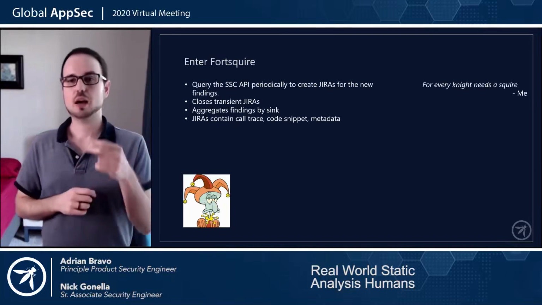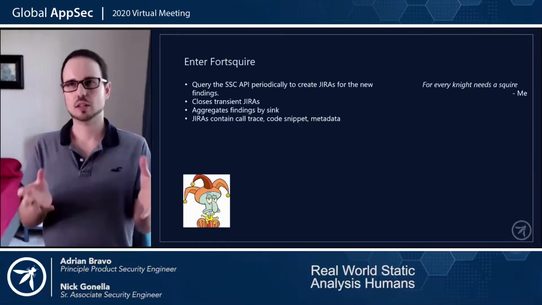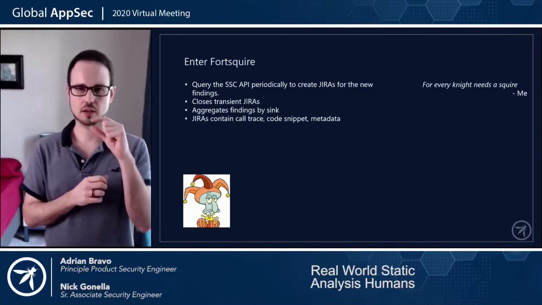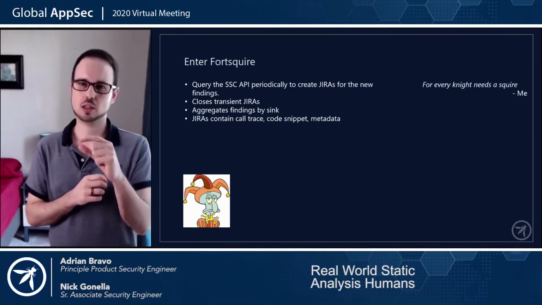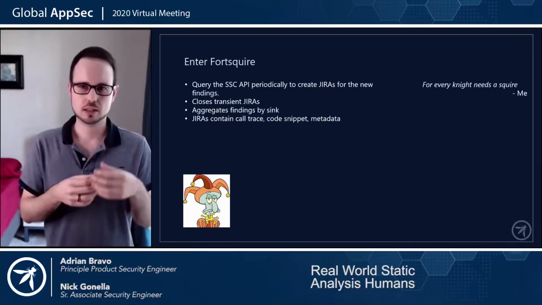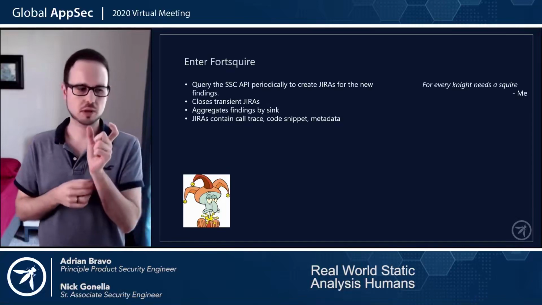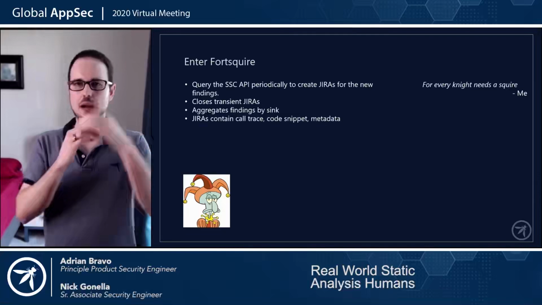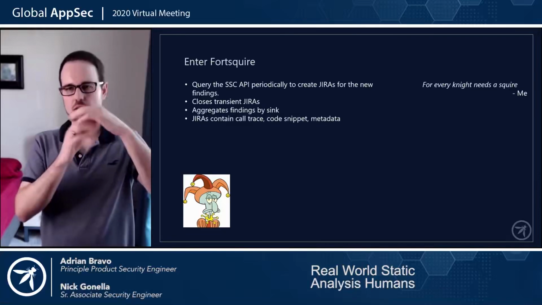And the Jiras that it creates are grouped by sink, which is the vulnerable location in the code. So when two vulnerabilities are reported that happen on the same line and function, then Foursquare will create those Jiras grouped under one parent Jira and some subtasks.